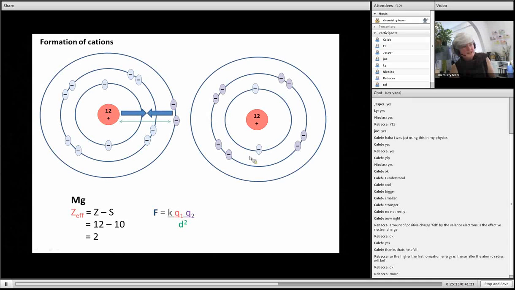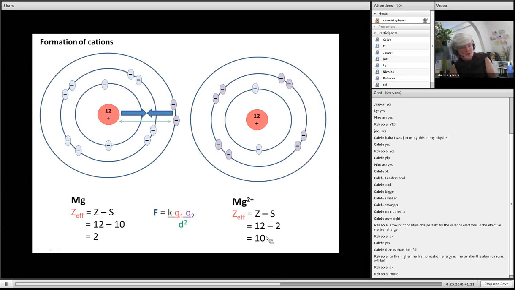This second energy level now becomes the valence shell, and this is now the inner electrons. So my shielding has changed from 10 to 2. So can you see how much bigger my effective nuclear charge is? It's a lot more.